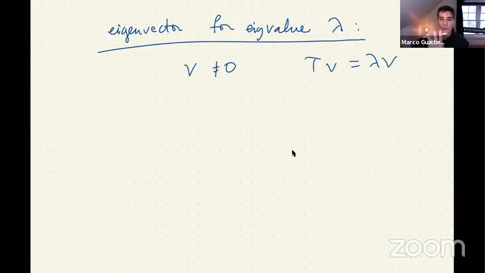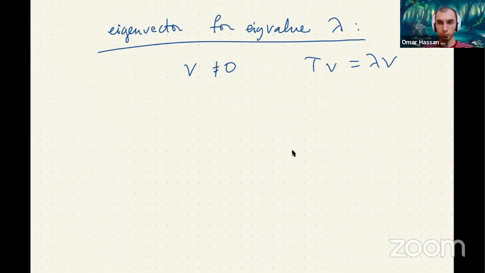Sometimes you find a cycle of several elements which are sent to each other. That behavior happens for linear operators. But if you don't believe that, then there's no point in me going forward. So does it make sense to you that there could be an operator that does not have a basis of eigenvectors? Or is it confusing? Yeah.